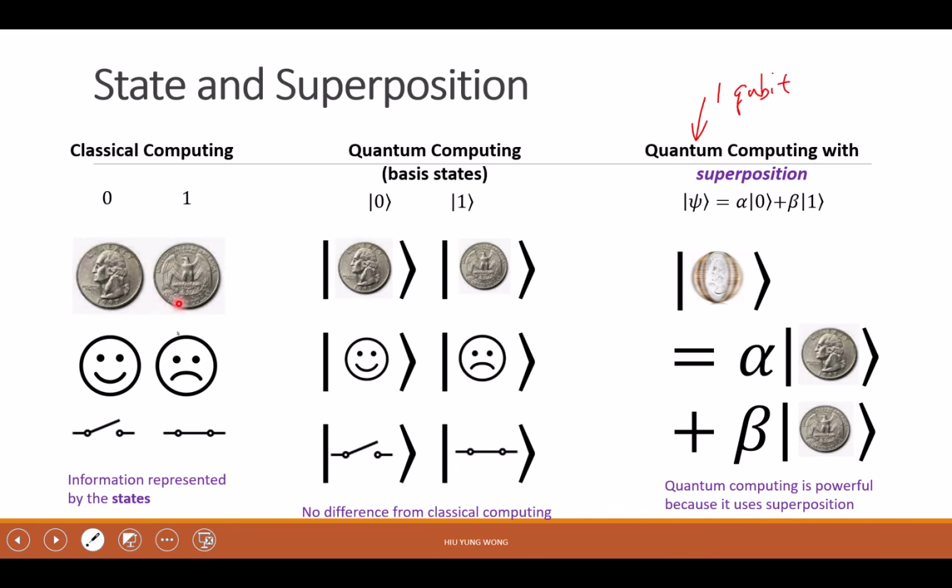For a classical computer, you can have only 0 and 1 for 1 bit, right? How about for 2 bits? You can have 00, 01, 10, and 11, right? And so for a quantum computer, these will be the basis states of that quantum register. And then the general state is a superposition of them.